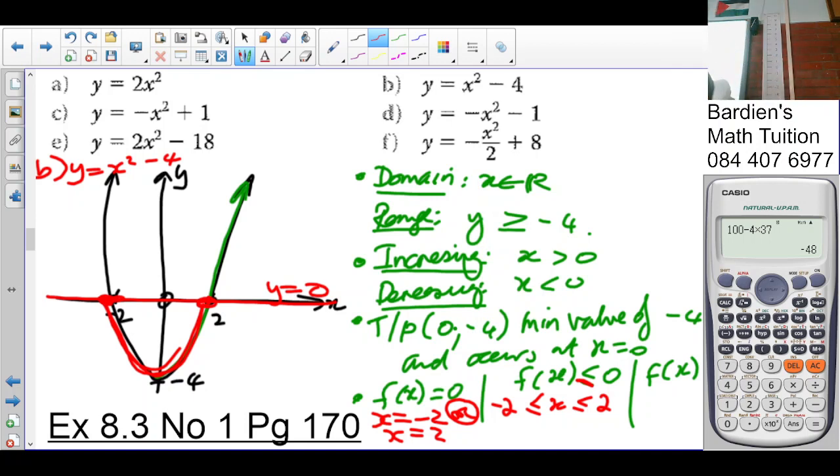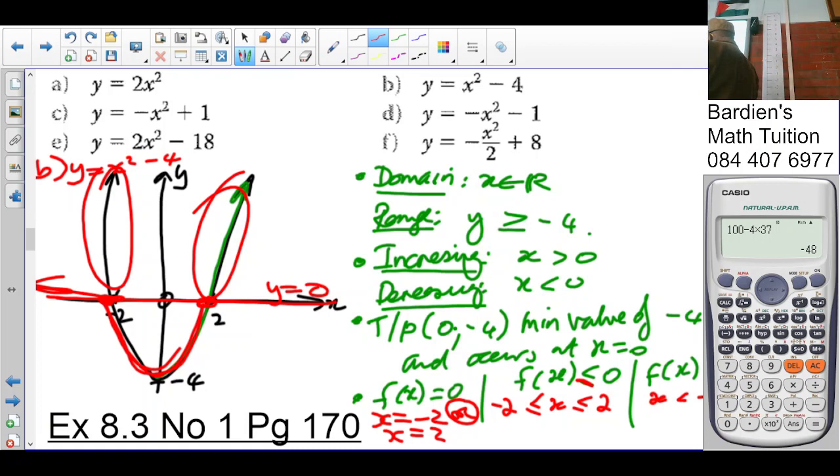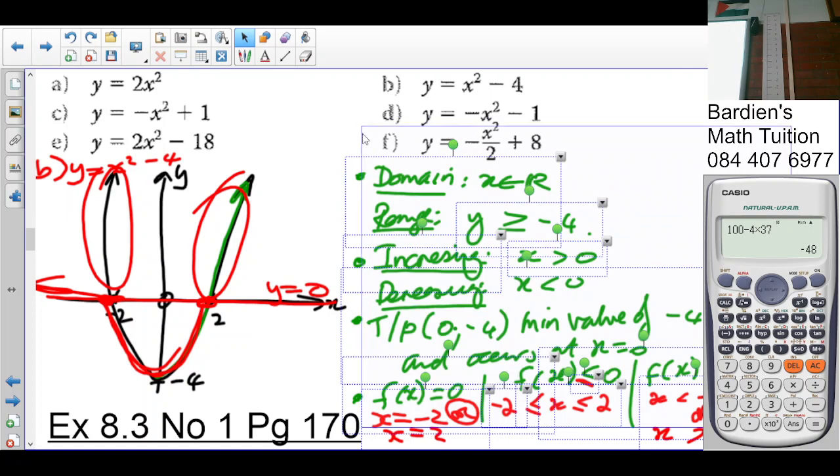With f of x more than 0, so is this part of the graph. So in other words, x must be less than negative 2 or x must be more than 2. Okay. Any confusion here? No? You all okay with that?